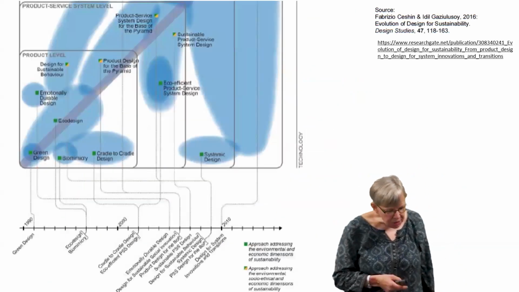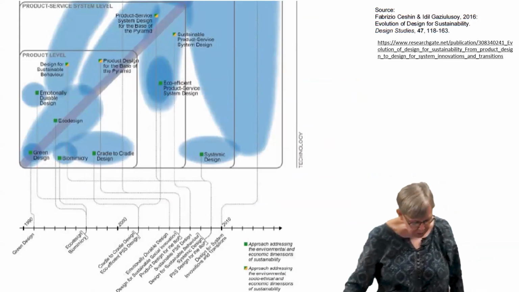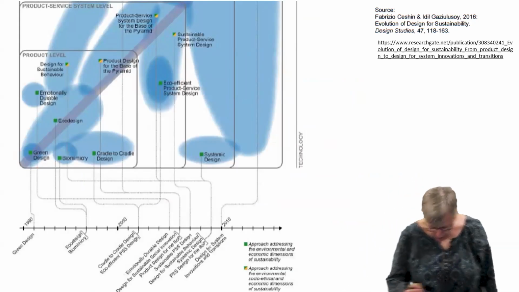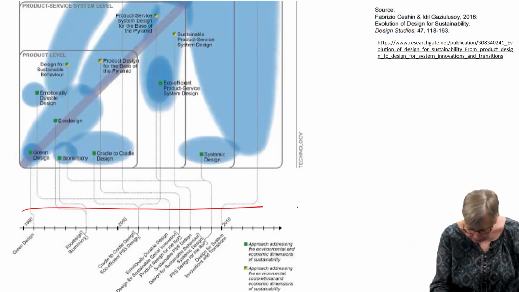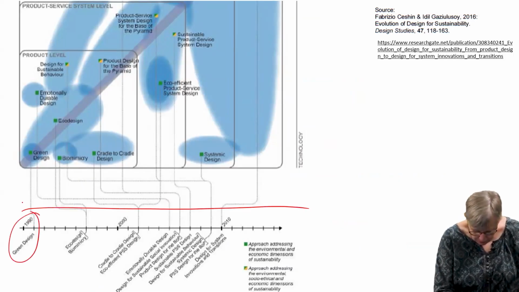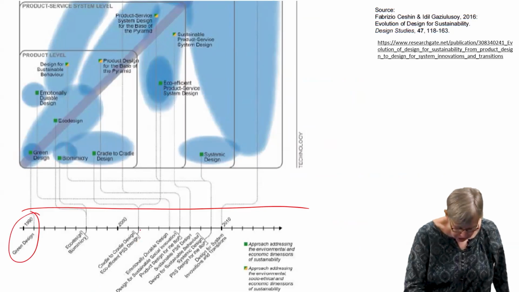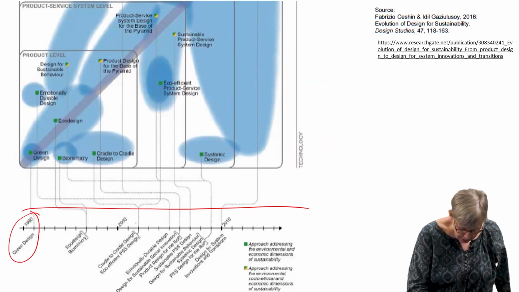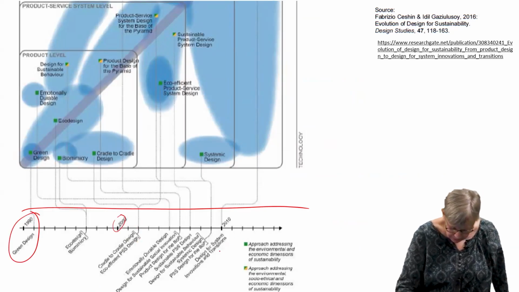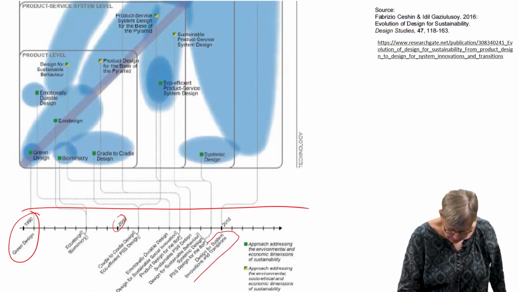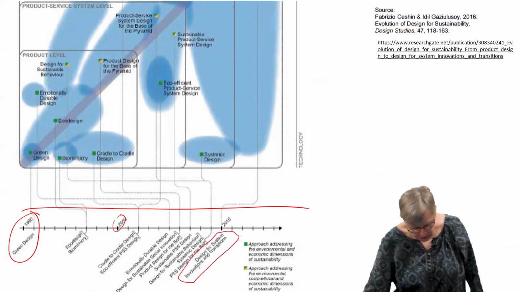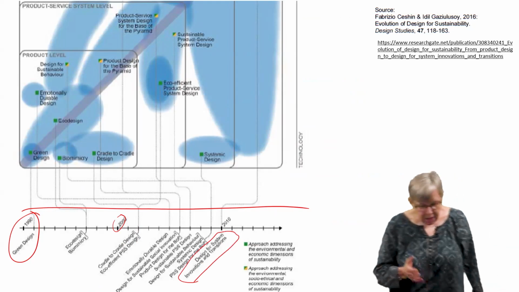All right, so I just want to share, this is a part of a big picture that gives a timeline since about 1990, cradle to cradle. We talked about that in the early 2000s. And what we're talking about is the last decade or so.